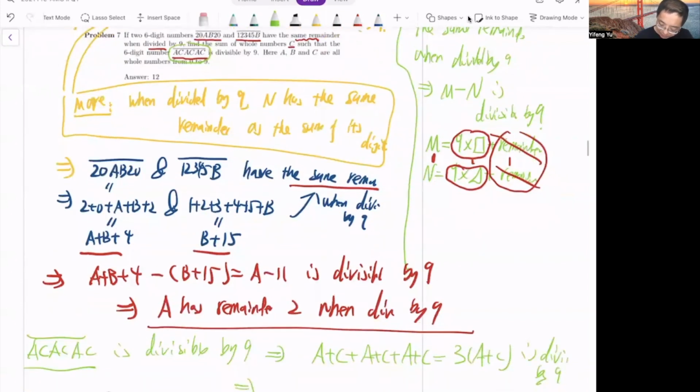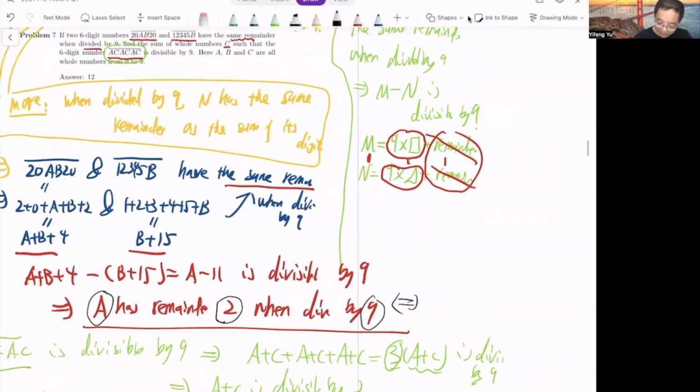And this just means, because we already have 3 here, 3 times a plus c divided by 9, this just means a plus c is divisible by 3, right? Divisible by 3. Now, what do we know? We know that a, when divided by 9, the remainder is 2. So this just means what? This means a, when divided by 3, the remainder is also 2.